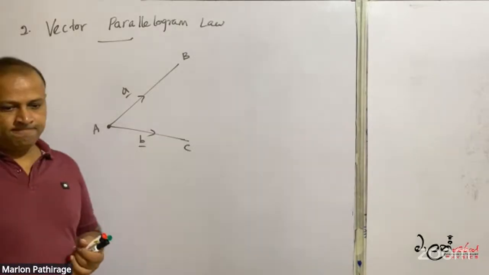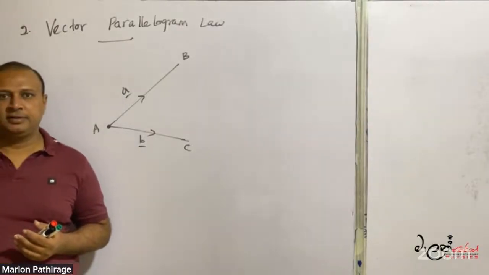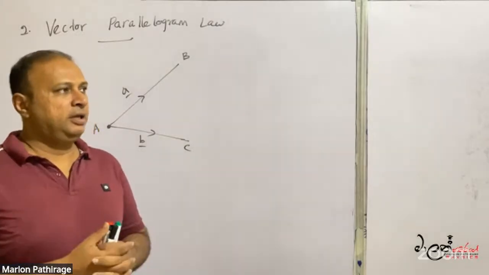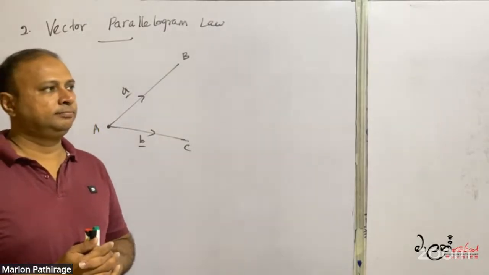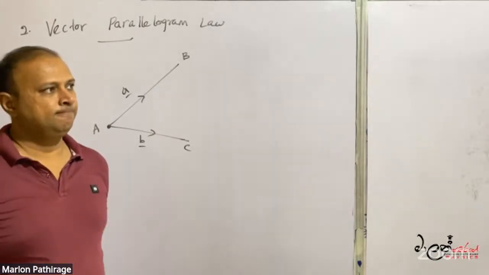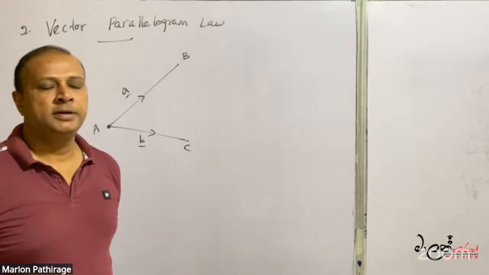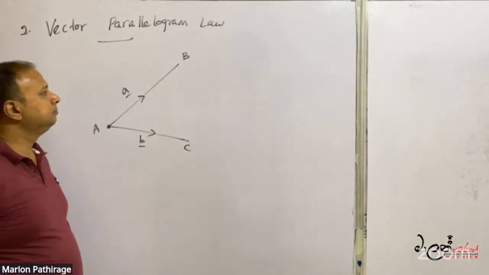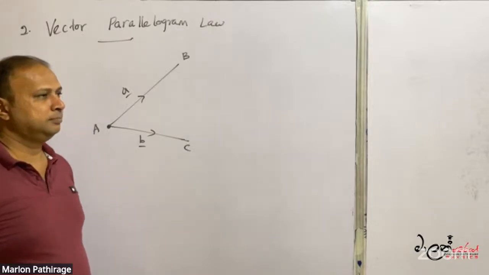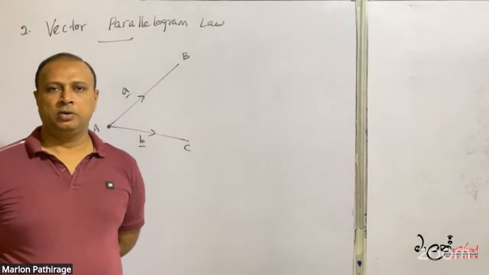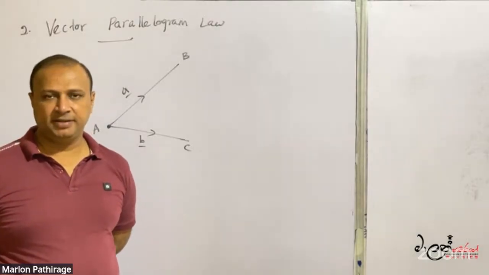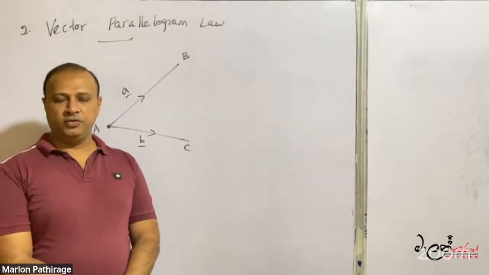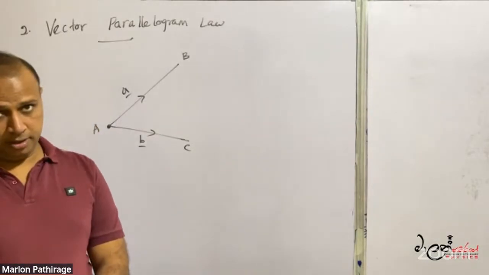Okay. Then write under this. Suppose there are two vectors whose starting points are equal.